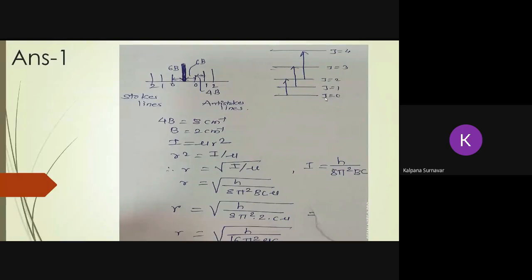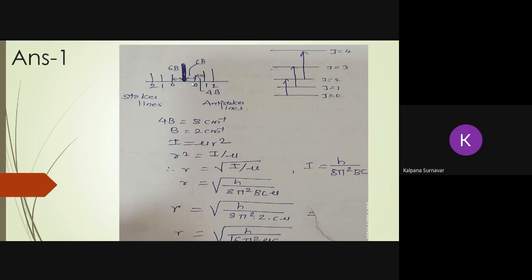The transition occurs from 0 to 2, 1 to 3 or 2 to 4, meaning there is a difference of plus or minus 2. 3 minus 1 is 2, 4 minus 2 is 2, and 2 minus 0 is 2. Each transition, either excitation or de-excitation: when there is excitation, the selection rule is delta J equal to plus 2, and when there is de-excitation, delta J equal to minus 2. Such transitions occur in Raman spectroscopy.